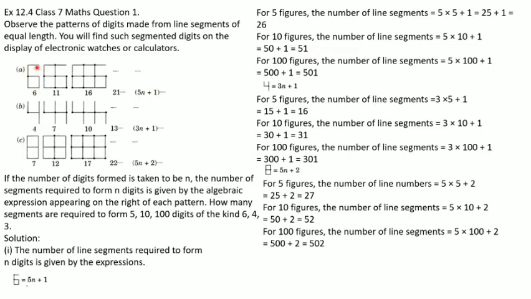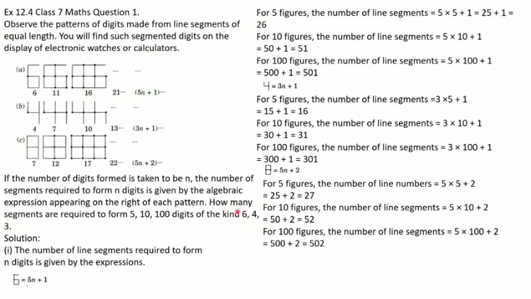So 6 line segments are used. To make a 2-digit number, 5 times 2 is 10, plus 1, 11. 11 line segments are used for a 2-digit number. To make a 3-digit number, 16 line segments are used.